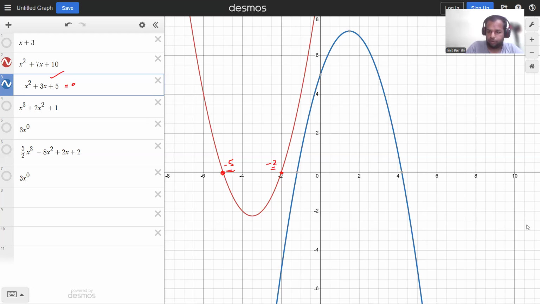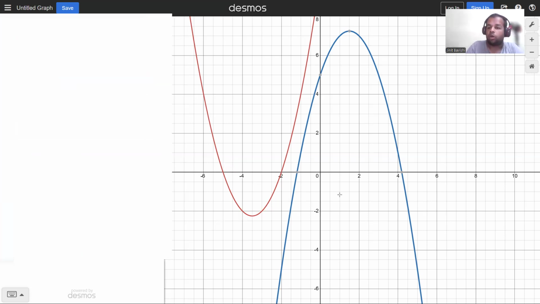Suppose I just give you a graph without explaining, without giving you the question, and I ask you what kind of graph the red one is. You can see the graph in front of you, the red color one. Clearly, as it's a U-shaped graph, a parabola, it will be a quadratic polynomial. And the zeros of the graph are -5 and -2.